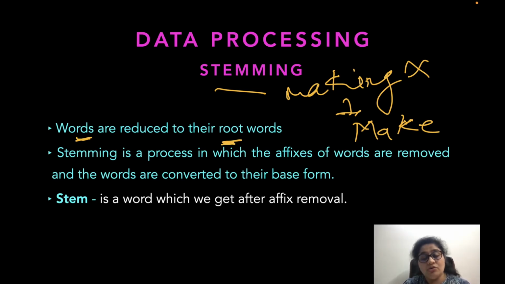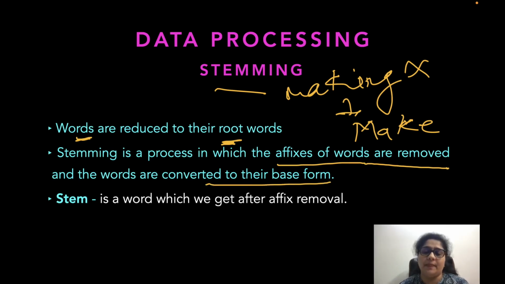So then this takes us to understanding the process. Stemming is a process in which affixes of the words are removed and the words are converted to their base form. That's what we talked about, the root word, the base form. For making, the root word is make. The base form is make.